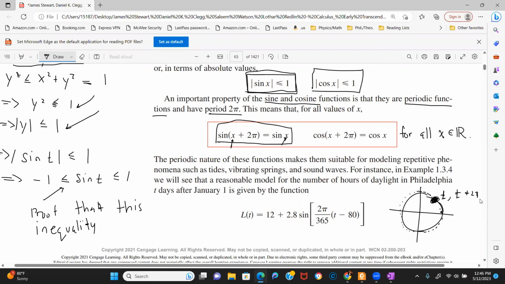You can say sine of t plus 2 pi is equal to sine of t, and cosine of t plus 2 pi is equal to cosine of t, and the argument still holds. And you remember, cosine gives you the x coordinate, sine gives you the y coordinate. So if t and t plus 2 pi and t plus 4 pi all determine the same point, then they're all going to have the same x coordinate, and they're all going to have the same y coordinate. So that's why this equation holds.